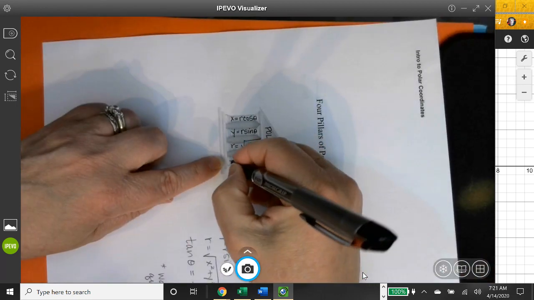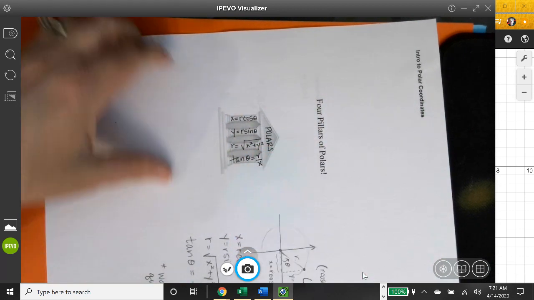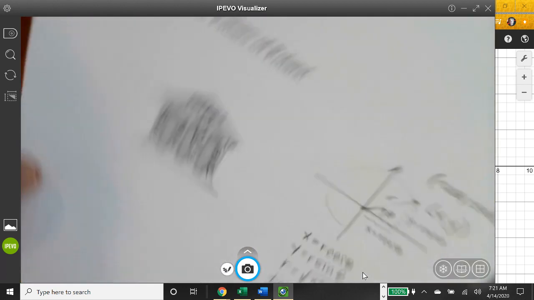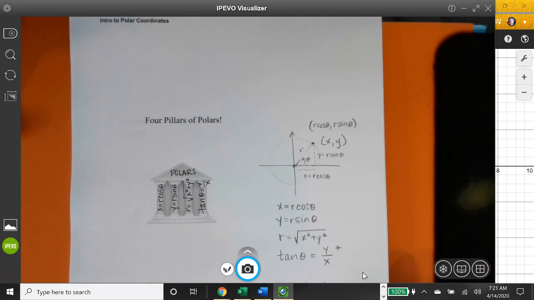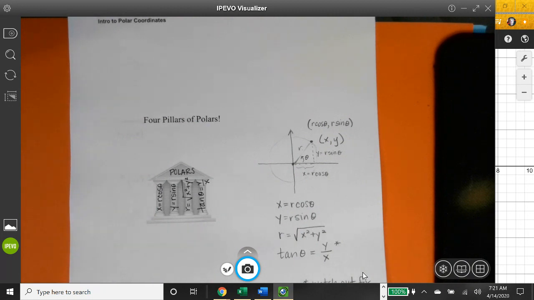So tangent of theta is equal to y over x. Okay, so those are the four pillars of polars. That means if you know these equations, you can translate any rectangular coordinate into a polar coordinate. One, two, three, four pillars of polars.